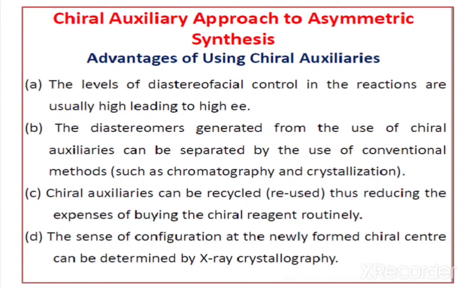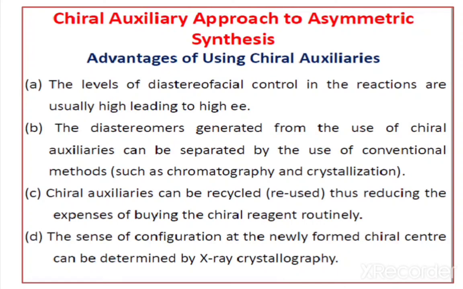Now then, the advantages of the chiral auxiliary. The level of diastereofacial control in the reaction is usually high, leading to high enantiomeric excess. That means finally we will get high enantiomeric excess. Next advantage, the diastereomers generated from the use of a chiral auxiliary can be separated by conventional methods, such as chromatography and crystallization.